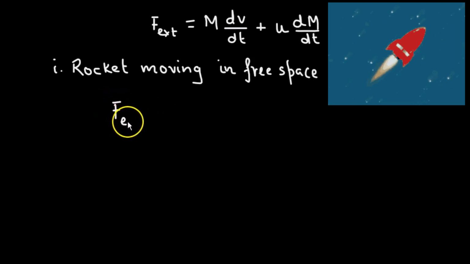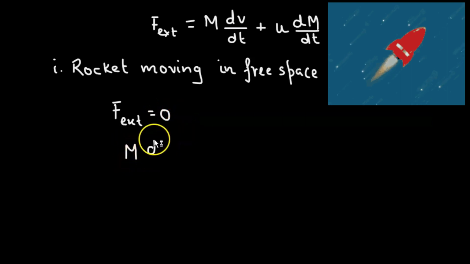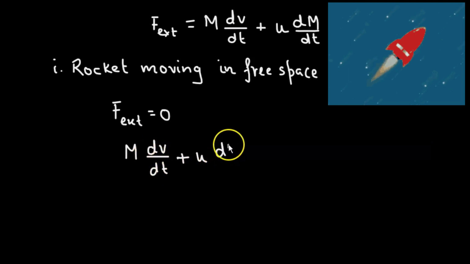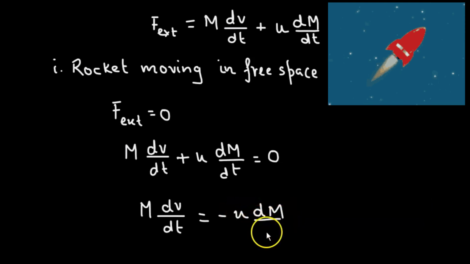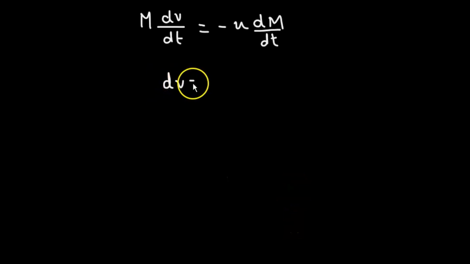So we can say that F external will be equal to 0, such that our equation now becomes m dv over dt plus u times dm over dt equals 0. Or we have m times dv over dt equals negative u times dm over dt. Now separating the differentials, we have dv equals negative u times dm over m.